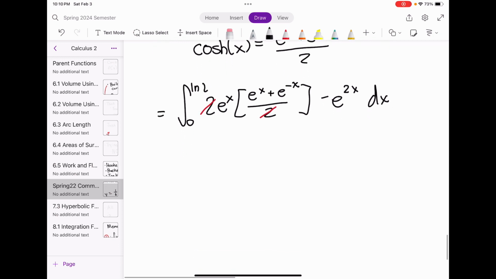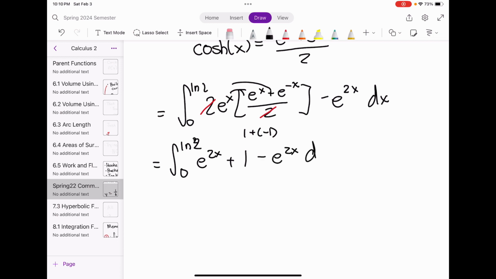I'm going to distribute that to both parts. So e to the 2x, and that's again, it's going to be plus 1 plus negative 1. So it's going to be e to the 0, which is just 1, minus e to the 2x dx.